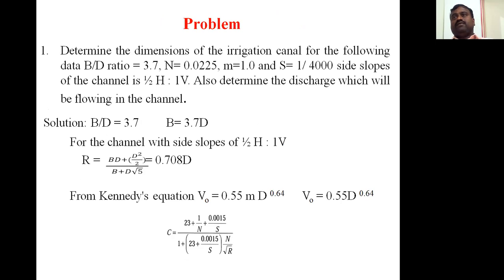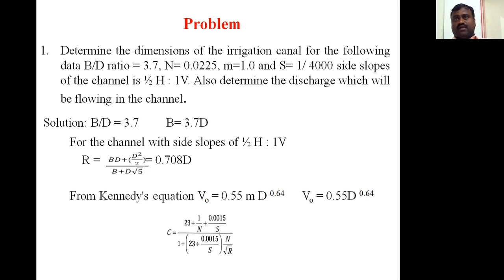Now let us take one example on this. So here the problem defines: determine the dimensions of the irrigation canal for the following data. B by D ratio is equal to 3.7, N, which is a roughness coefficient, given equal to 0.0225, m value is given equal to 1, and bed slope value S is given equal to 1 divided by 4000.